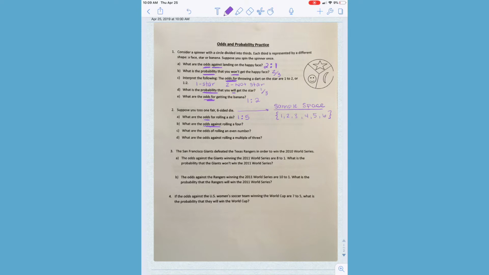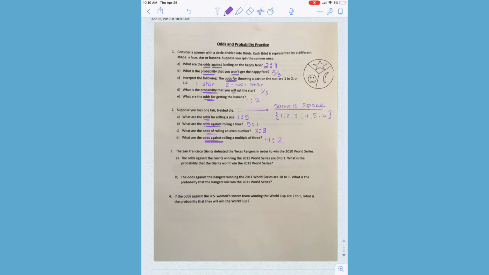There are 5 numbers that are not 4s, but there is only 1 four. What are the odds of rolling an even number? 2, 4, 6 are even, so there are 3 even numbers and 3 not even. What are the odds against rolling a multiple of 3? 3 and 6 are multiples of 3, so there are 4 numbers that are not multiples and 2 that are.